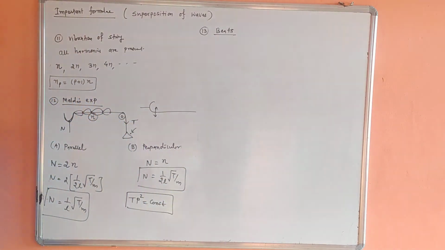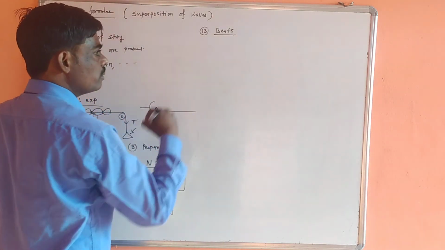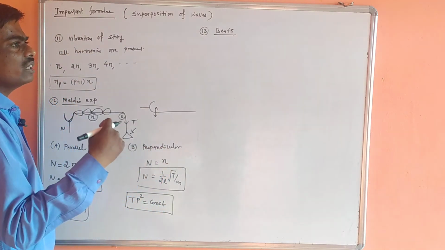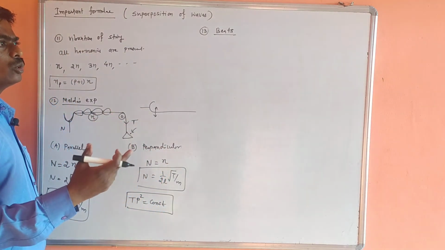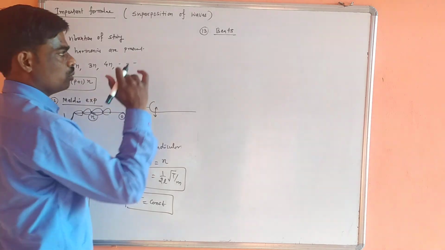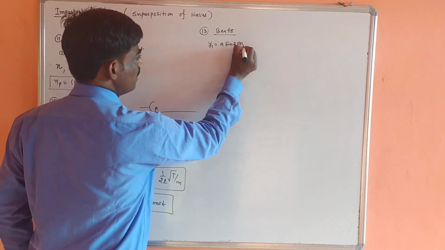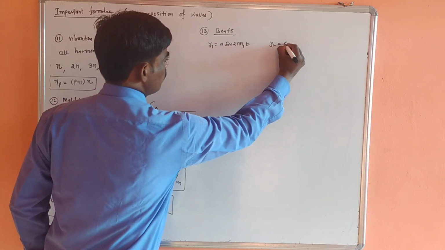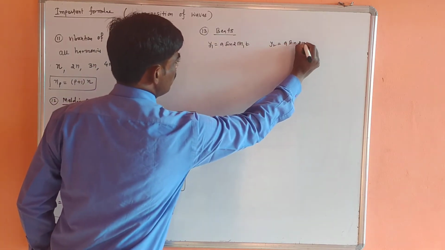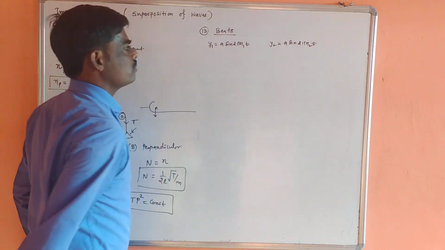Later on, an important aspect, beats. The formation of beats takes place if there is a slight difference in the frequency of two arriving or superimposing waves. So one wave has the equation a sin 2 pi n1 t, another wave has the equation a sin 2 pi n2 t.